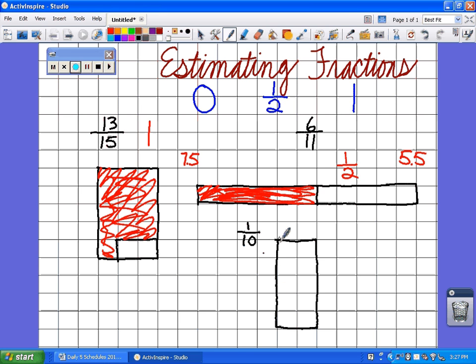So there's our 1 whole, and it's divided into 10 equal sections. If we shade in 1/10, that's almost none of the whole shaded in. So we would estimate 1/10 as 0. So that's how we could estimate fractions.